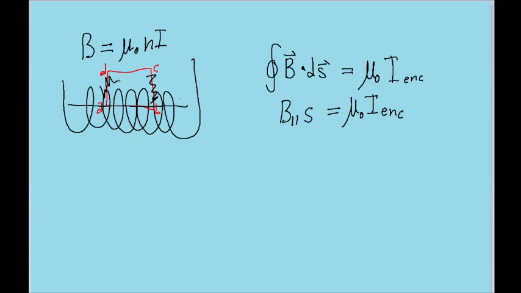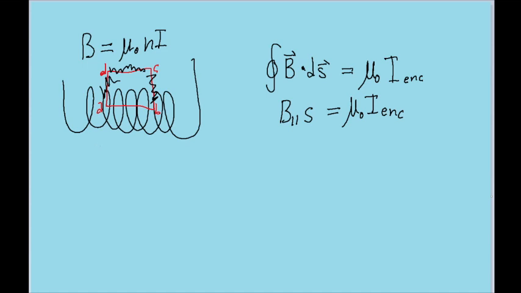Remember, if the B field's going in this direction, then arms AD and CB are perpendicular to that. So none of this magnetic field is going to be along the direction of those segments. So they can be crossed out. This top arm can also be ignored since it's outside the coil, and as we established earlier, the magnetic field on the outside of a solenoid is negligible by definition.